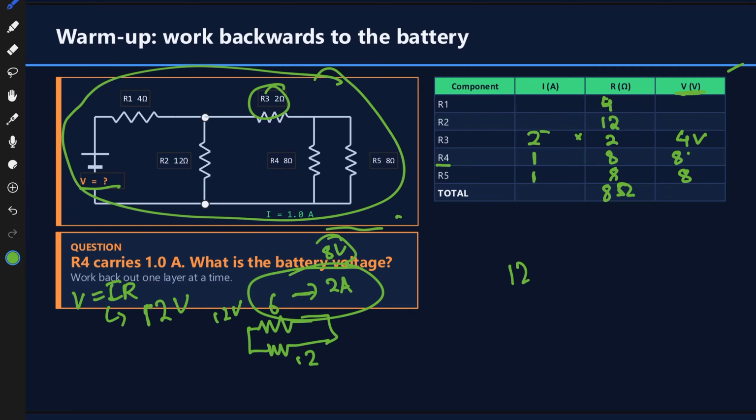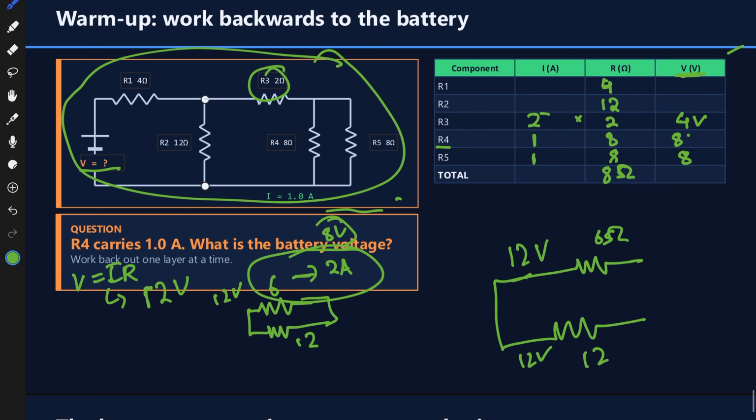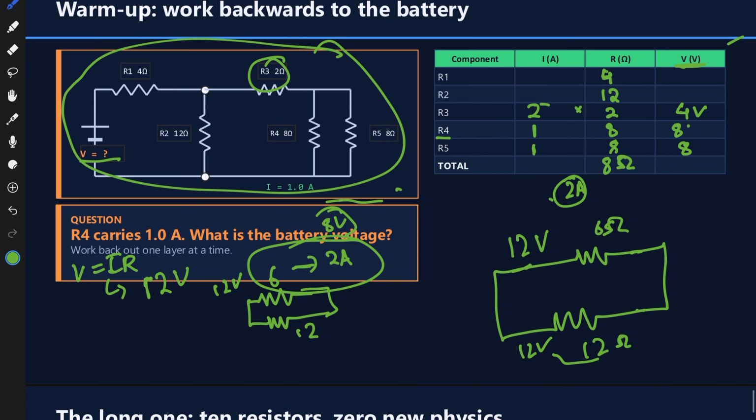So if 12 volts is coming in on one branch, the 12 volts is coming in on the other branch, because that's how parallel circuits work, right? 12 ohms here. So over here we had 2 amps of current, but here we're going to have something different. But we know 12 volts is coming into the 12 ohm resistor, right? So over here we can write 12 volts.